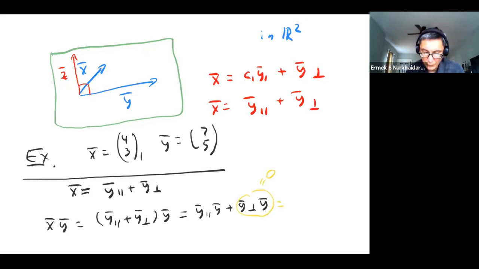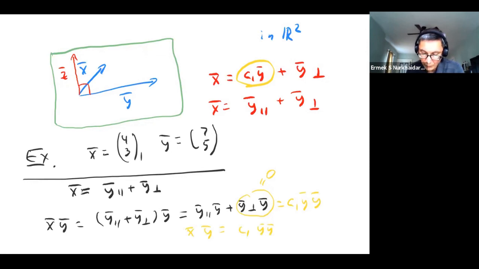Then we're going to write the parallel part in the form c1 times y. So c1 y times y. Again, x times y is going to be equal to c1 y times y.